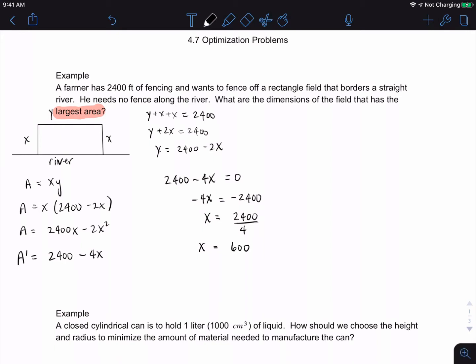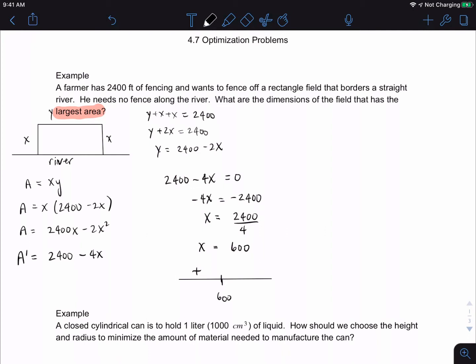Now, when doing optimization problems, we always have to test this critical number. And this is 600. And so we're going to test the derivative. To the left of 600, if I used 500, 4 times 500 would give me 2,000, so 2,400 minus 2,000 would give me a positive number.